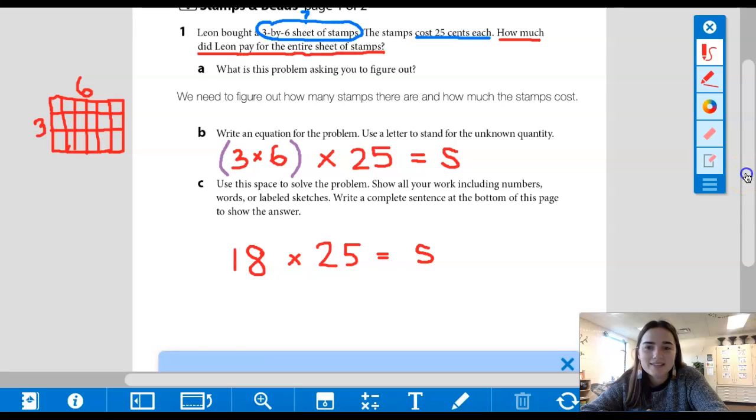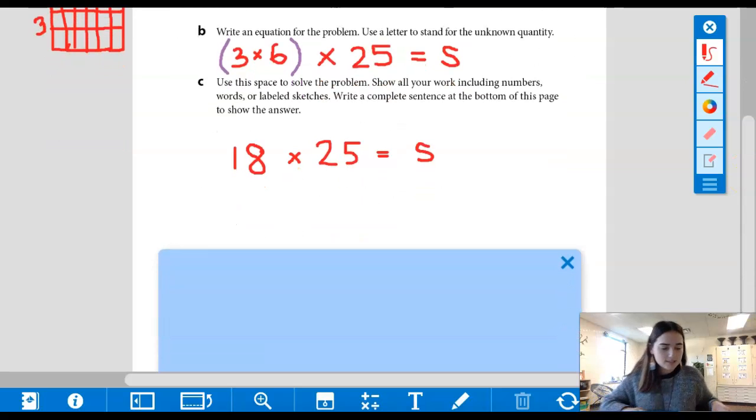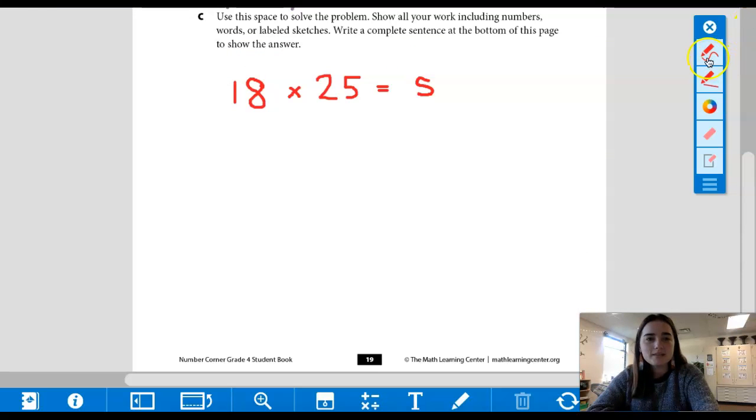Solving this multi-digit multiplication problem can get a little tricky, so I'm going to show you a few tips. First, I'm going to draw the same sketch that we used up top, that array, to represent my 18 stamps. This is going to help me figure out our answer a lot quicker.